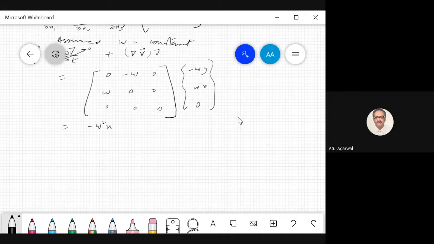Second row you multiply, minus omega square y. So you see this looks like minus omega square. So you're getting minus omega square.